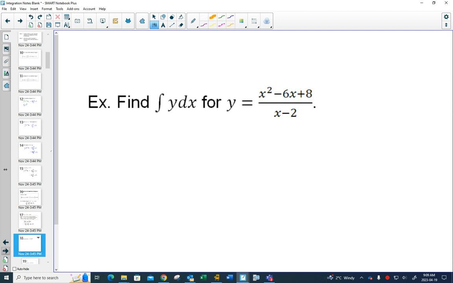So this isn't in a form that we can do. However, if you would factor this, you would notice that your x minus 2's would simplify.